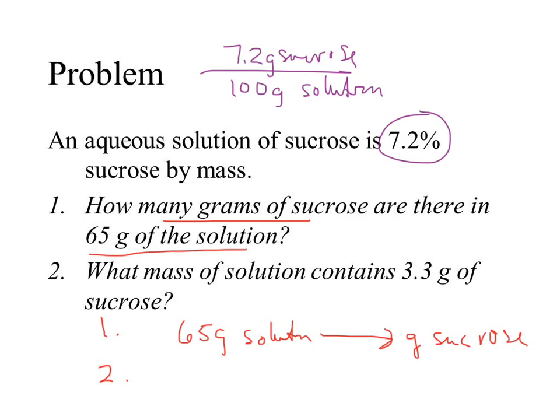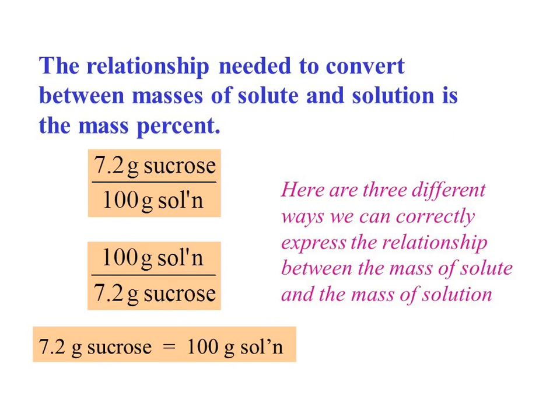Same solution, but it asks what is the mass of the solution, so I'll put an arrow, question mark, grams of solution, that will contain 3.3 grams of sucrose. That will be my first term over 1. So here are all the different ways we can use grams. The whole unpacking I talk about is in terms of a doodle on the side there.